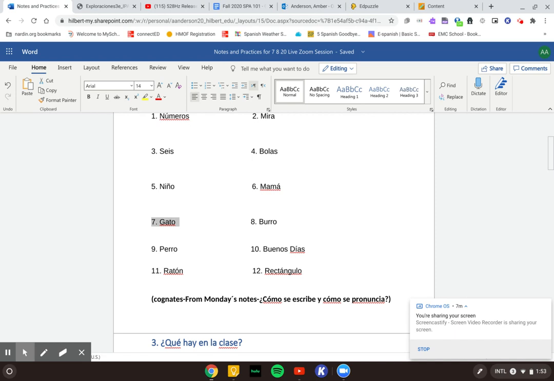The last one we have is ¿Cómo se escribe burro? B, U, R, R, O. ¿Cómo se pronuncia? Burro.